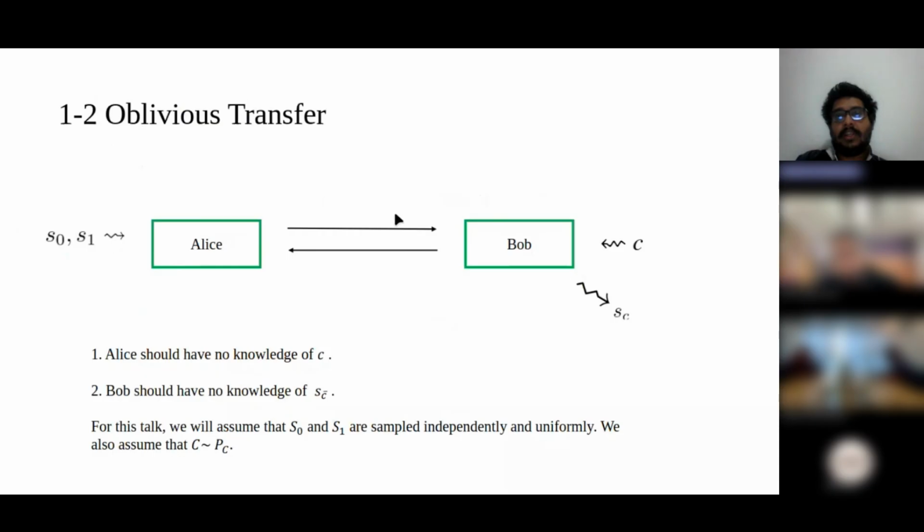These may come from some distribution, or maybe some other protocol which is calling OT as a subroutine. Bob gets a bit C, called the choice bit.